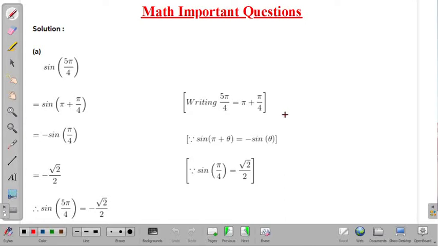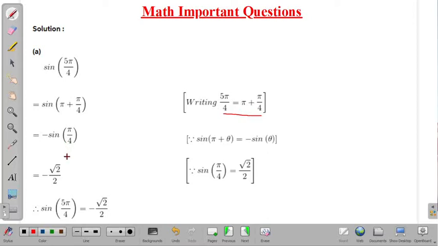So 5 pi by 4 we can write as pi plus pi by 4. And we know that sine of pi plus theta is equal to minus of sine theta, because pi plus theta will lie in the third quadrant, and in the third quadrant our sine value will be negative. So it will become minus sine pi by 4.